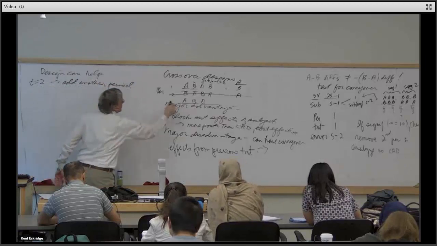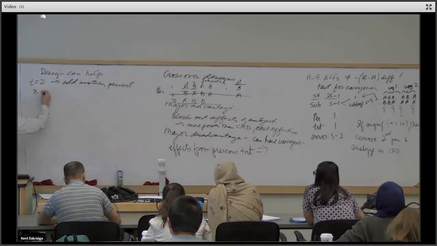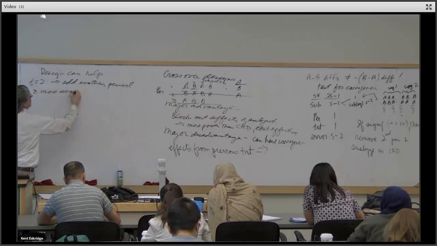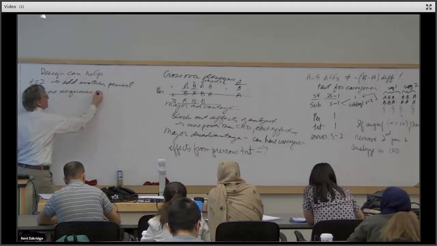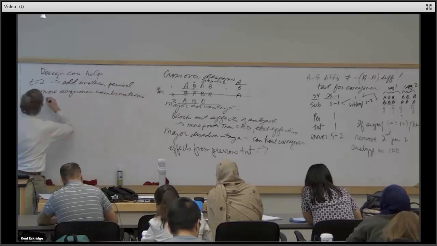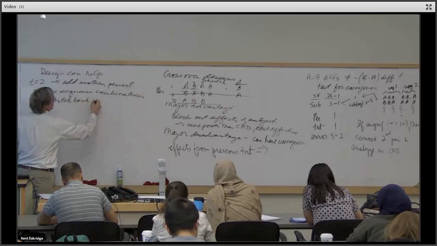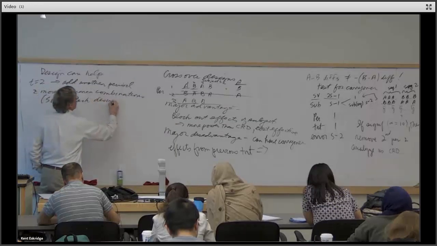So we'd have 3 periods, so it'd be period 3. Add another period and more treatment and sequence combinations. I'm going to talk about this, and you can read about this. This is called switchback design.